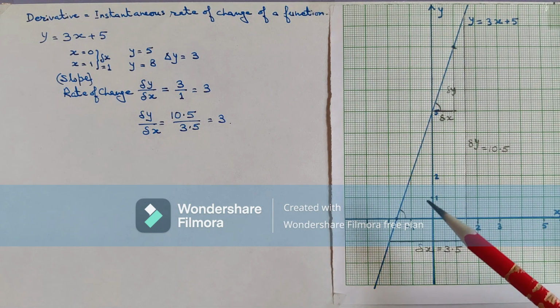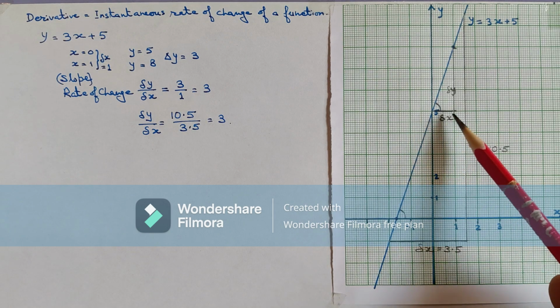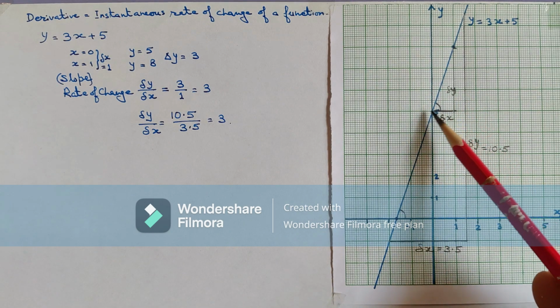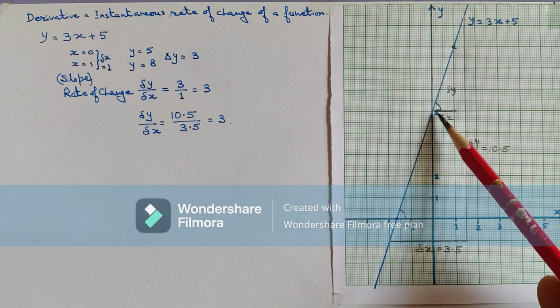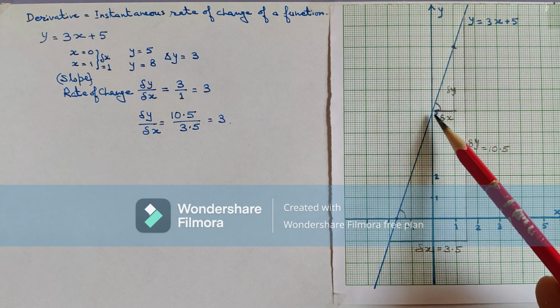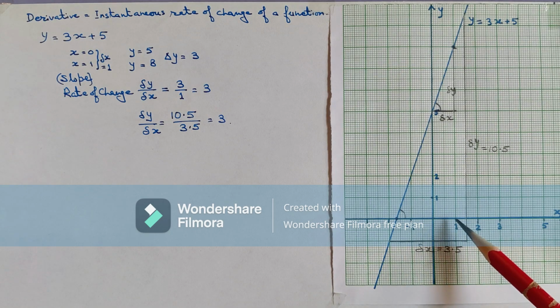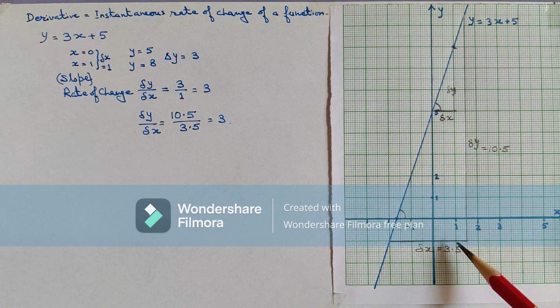In this case, if I take a very small section of this and take delta y upon delta x and try to find the limit of delta x approaching 0, it will be the same as the average rate of change for larger sections, delta x is equal to a larger value of 1 or a still larger value of 3.5.